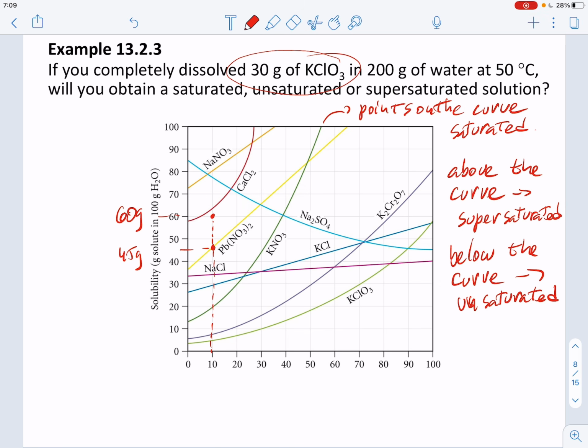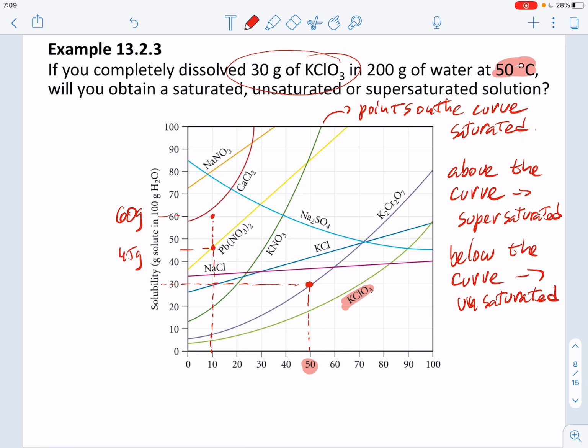So we locate our temperature. We are looking for 50 degrees, right? So we have 50 degrees. Then we go up. We are working with potassium chloride, which is right here. So it's the green curve. And then we locate our 30 gram mark, which is there, right?